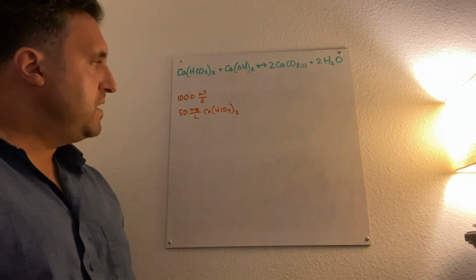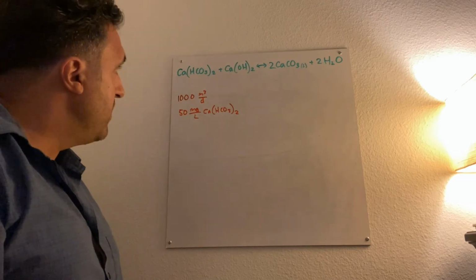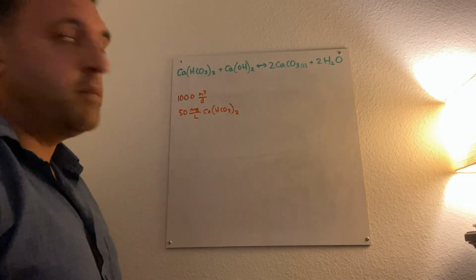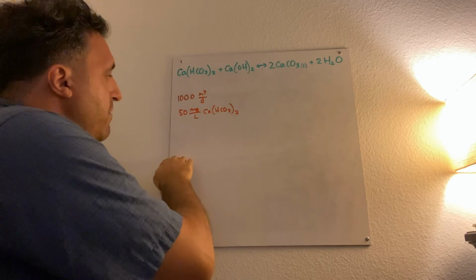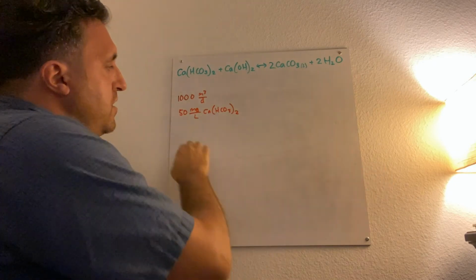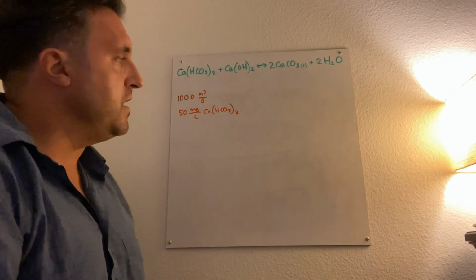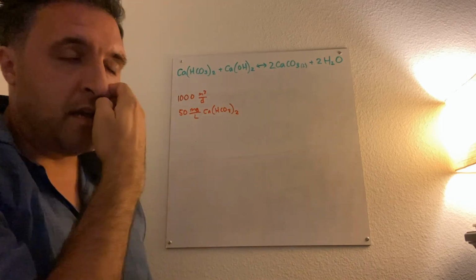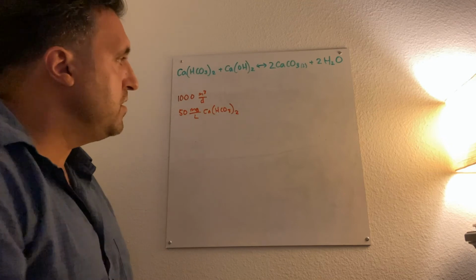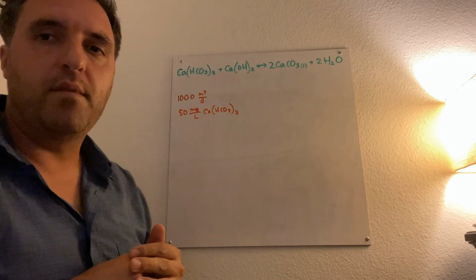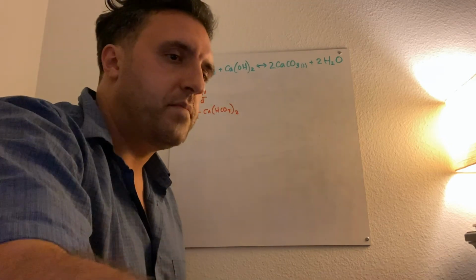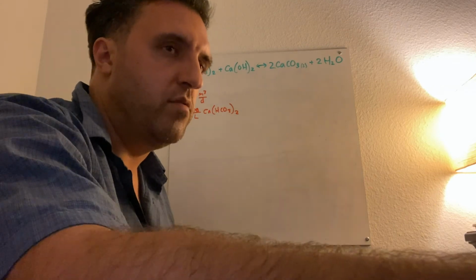So I'm going to solve this problem slightly differently from the way I solved the previous stoichiometry problem. So normally I'd written out the entire calculation with a focus on which units were in the top or the bottom and making sure to cancel out all the units. But for this example, I'm going to show you a slightly different way to do the same type of problem. And it's using a ratio approach.